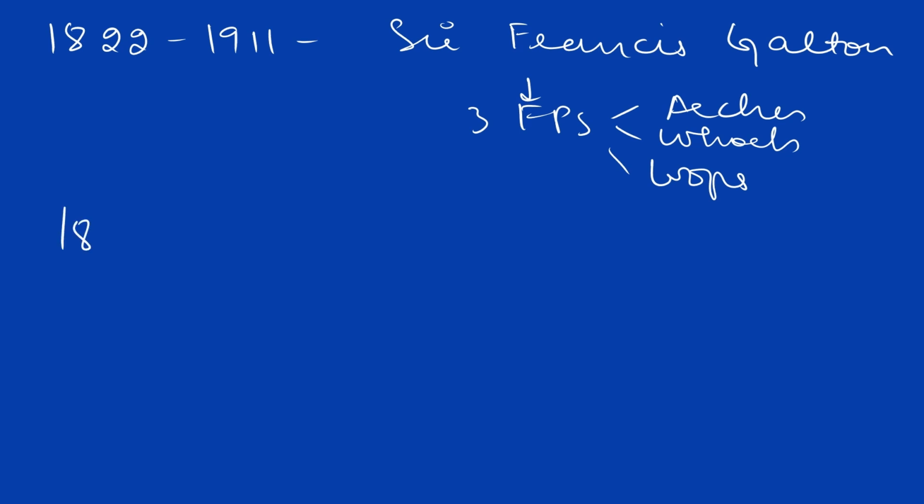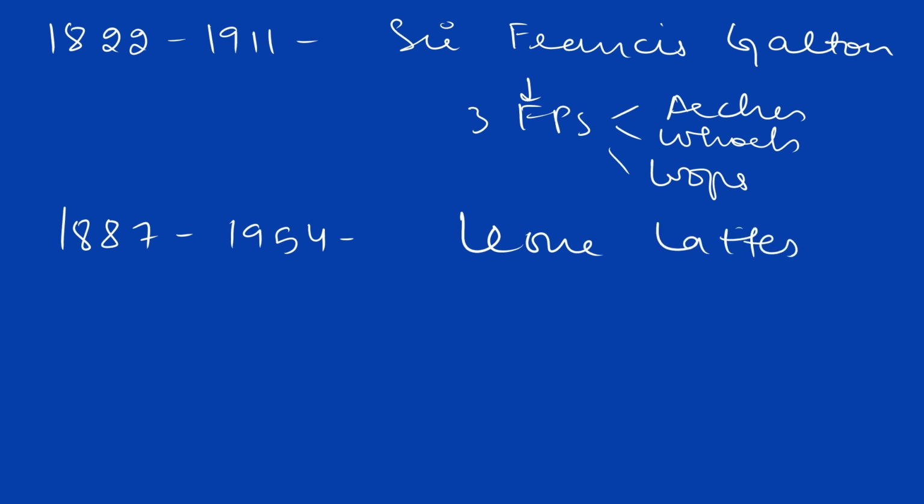Then from 1887 to 1953, we have the scientist Leone Lattes, who devised the procedure to group dried blood stains into A, B, O, and AB. So he classified dried blood groups.